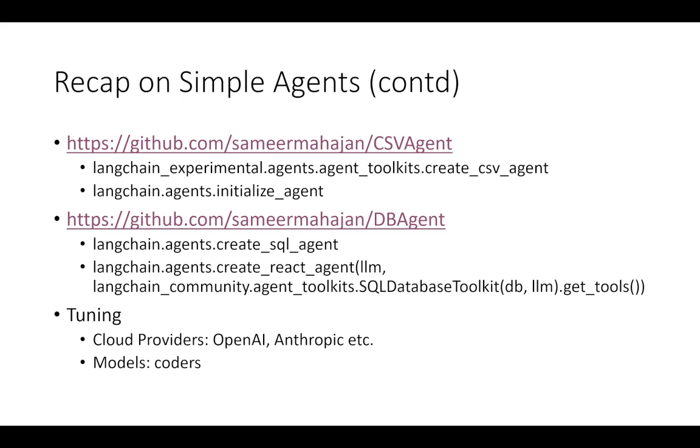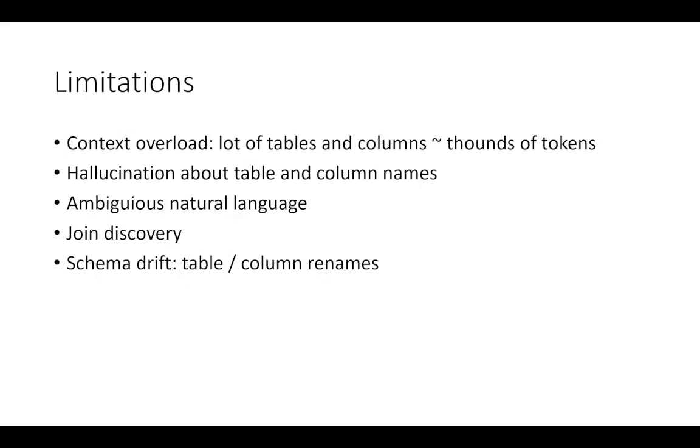Now what are the limitations with the simple agent? Imagine you have hundreds of tables, maybe thousands of columns. Basically that's a context overload. If you want to answer a query which requires only maybe two, three tables, maybe a few columns, you don't have to give all this huge schema that you may have.